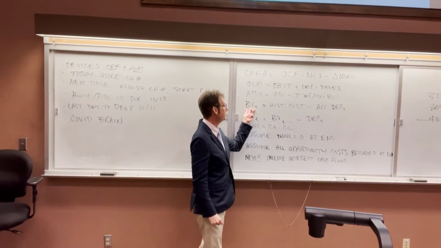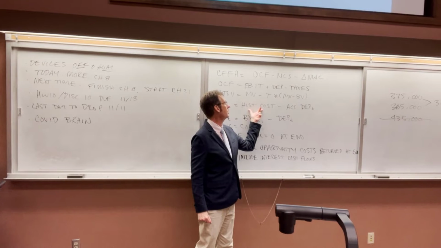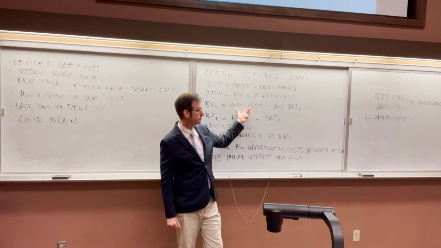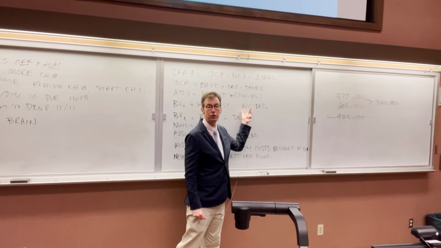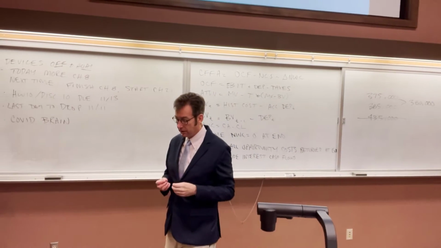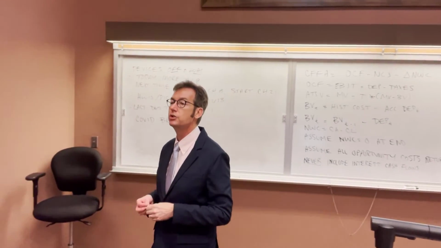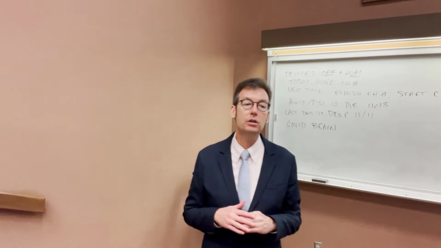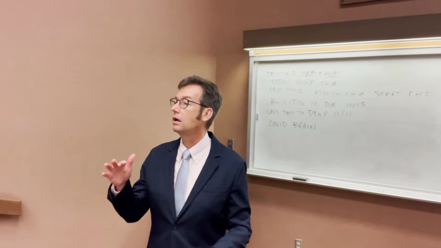Book value at time t is the historical cost, which is, by the way, what we paid up front, minus the accumulated depreciation. Accumulated depreciation is all the depreciation that's ever been charged against that machine. And so each year, the accumulated depreciation gets higher, higher, higher.